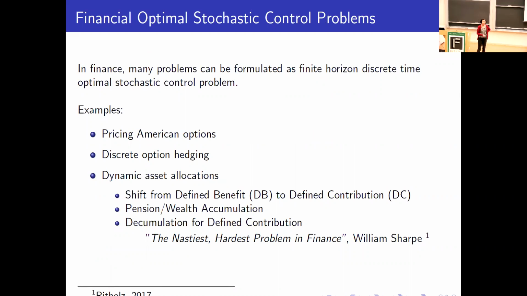Okay, so this discrete stochastic optimal control problem, in fact, encompasses a lot of interesting problems in finance, including pricing American options, the decision of whether to exercise or not, option hedging, delta hedging, and so forth. And naturally, dynamic asset allocation. This is the class of problem we've been focused on. Think about the young people here, who will need to retire 30 years from now: how can you accumulate your money so that you have enough money to retire?